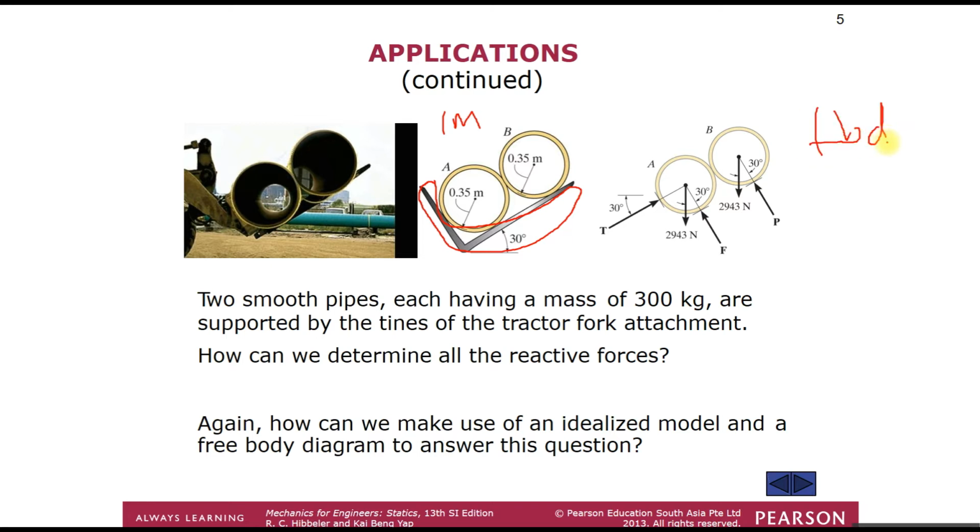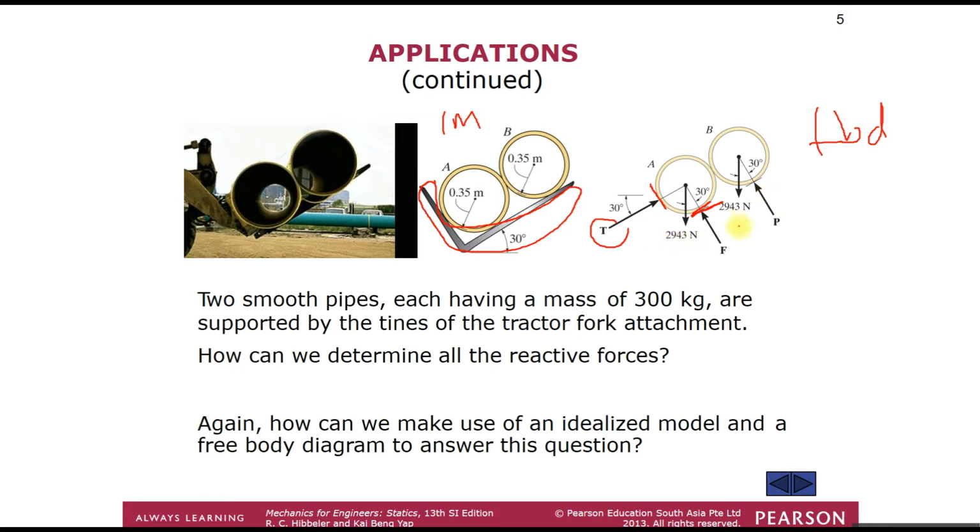In the FBD we remove all the unnecessary drawings and represent only the important points where forces intersect, which is T, the force that's holding at this point here, and the force from another angled support at one side of the pipe, and also finally the center of gravity or center of mass of the pipes, which is 300 kilogram equals 2943 newton.